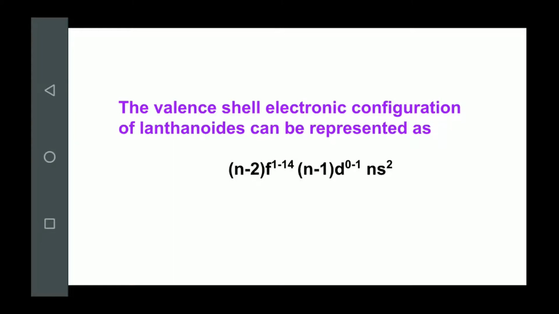Now this is the valence shell electronic configuration of lanthanoids, which can be represented by the given formula, where n is your outermost principal shell, then the (n minus 1) d orbital may contain 0 to 1 electron, and the (n minus 2) f orbital may contain 1 to 14 electrons. So in the case of lanthanoids, your principal shell n is 6, then n minus 1 is 5d and n minus 2 is the 4f orbital.